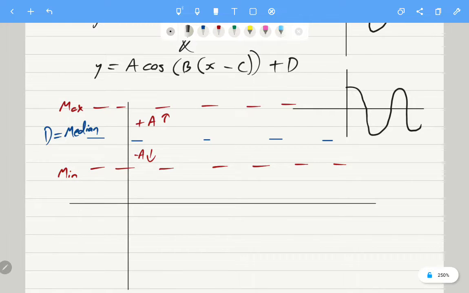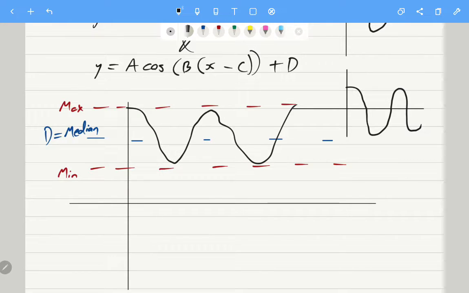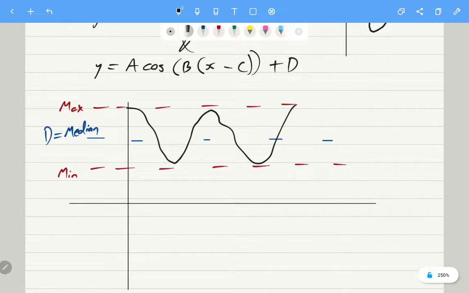For a cosine function, it's going to look something like this, to a rough extent, right? Because it starts at the max, goes to the min, goes to the max, goes to the min. And this repeats every period. So this next bit is to do with the period. The period of the function is just how long it takes to repeat. So you'll notice that this distance here, let's call it the period, is between top to top, but it could have also been between min and min.